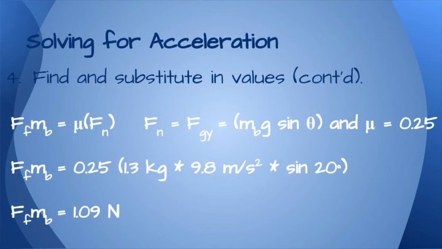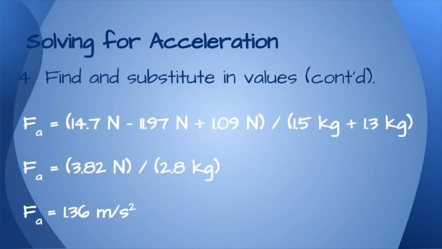So the force of friction times the mass of both ends up equaling 1.09 newtons. With the values we found in the previous steps, we can substitute them into the derived equation for the force due to acceleration and then solve for the acceleration. So you simply substitute in all the values into the equation, and the end result is 1.36 meters per second squared.